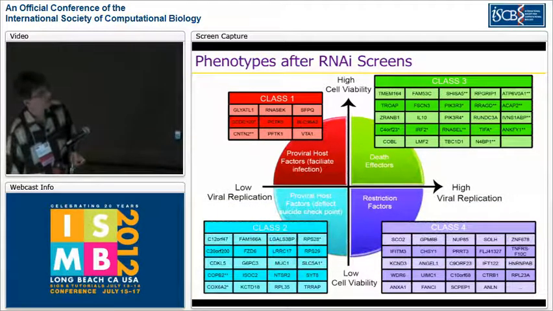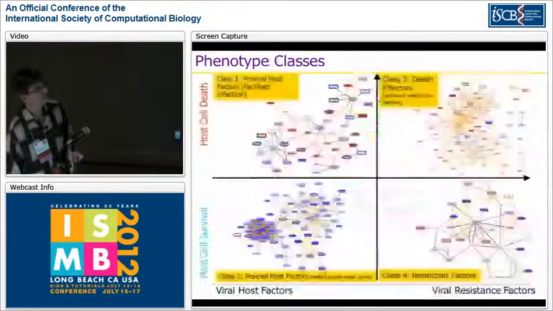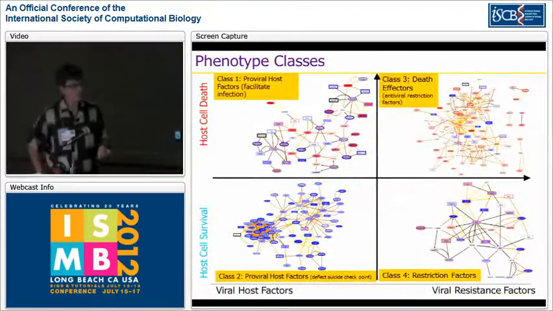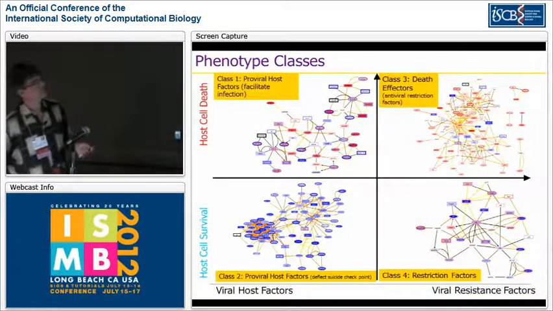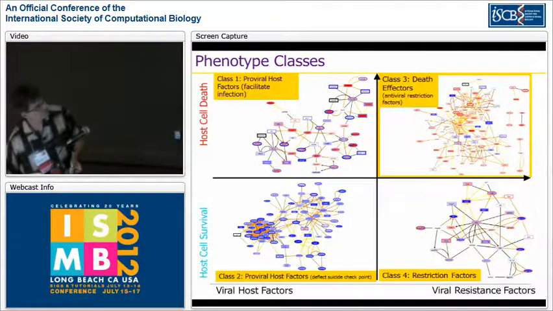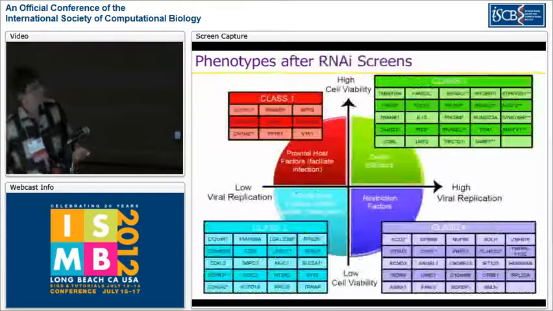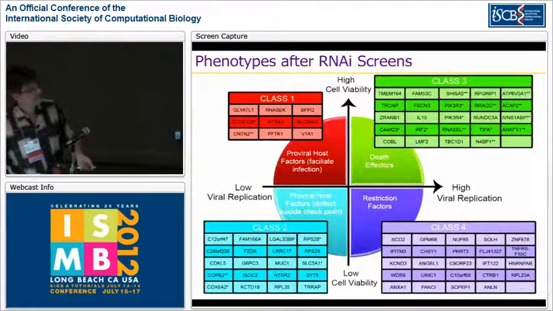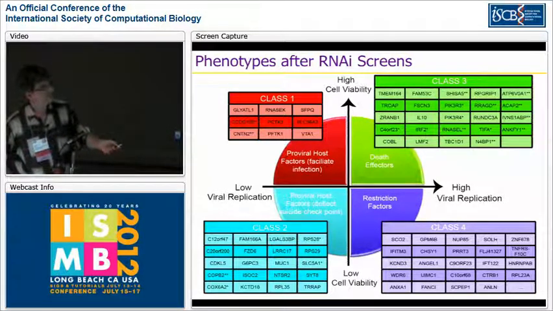So we didn't stop there, but actually looked at particular networks in these four different classes. And so we used a method to identify small networks. And again, here are the four classes. Oh, I may have to go back. So the axes here: the x-axis is viral replication, and the nomenclature here reflects the inhibition due to RNAi screens.